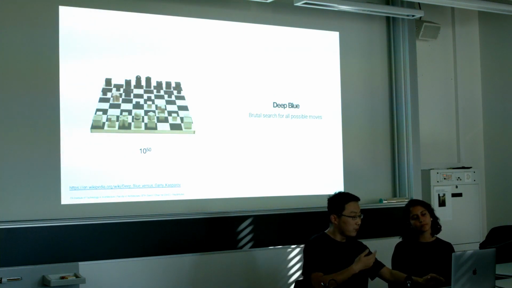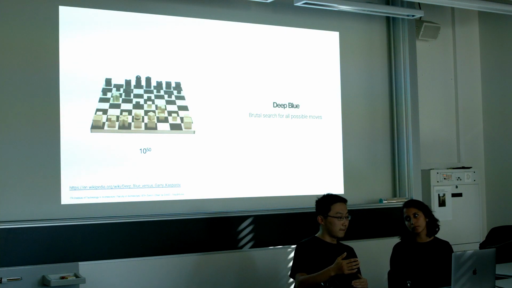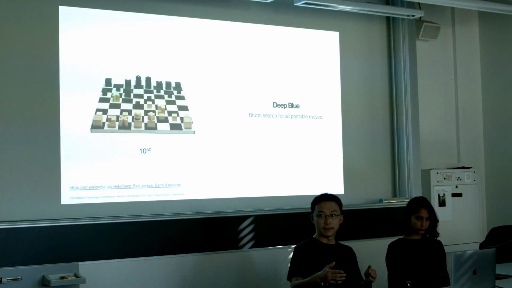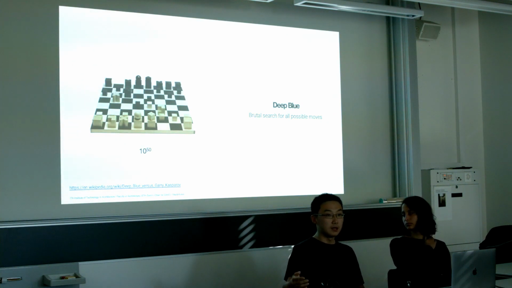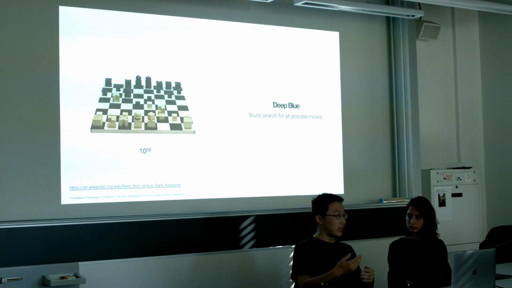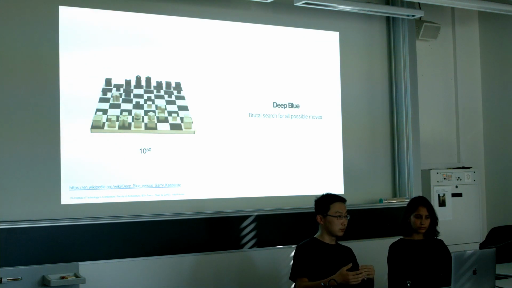But if we look deeper at how exactly this machine works, it was basically a brute-force search algorithm for what could happen in the next, let's say, 10 or 20 steps. The computer is able to enumerate more options than a human can, because it becomes really complicated for us to estimate what happens 10 steps later, while the computer is able to enumerate and memorize them.